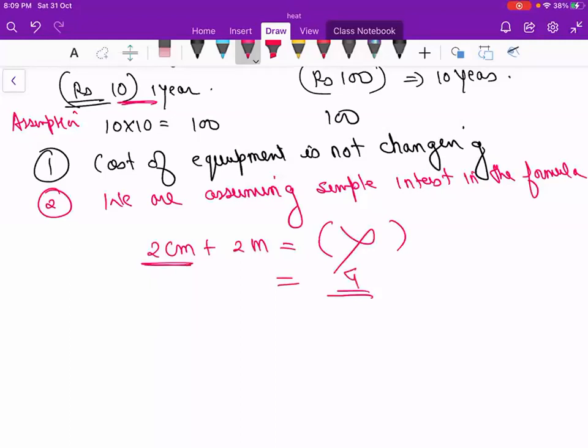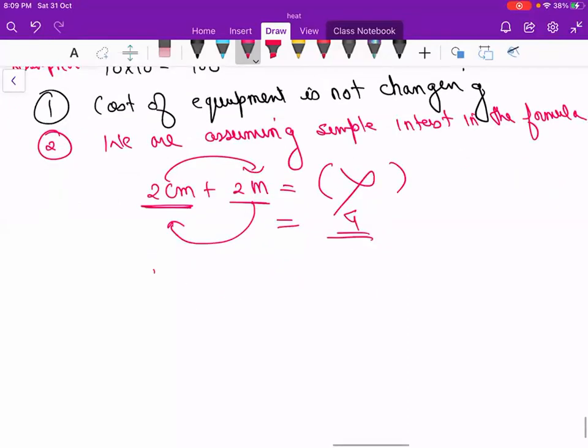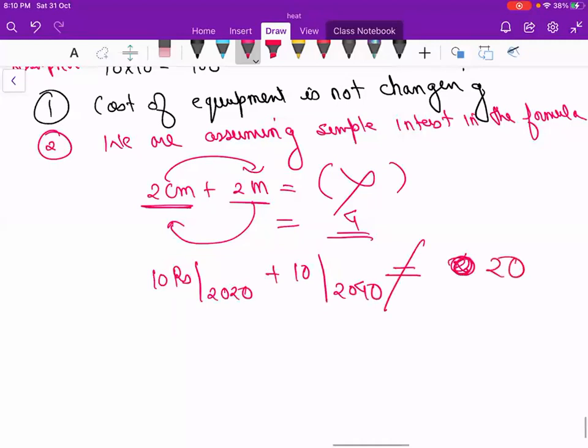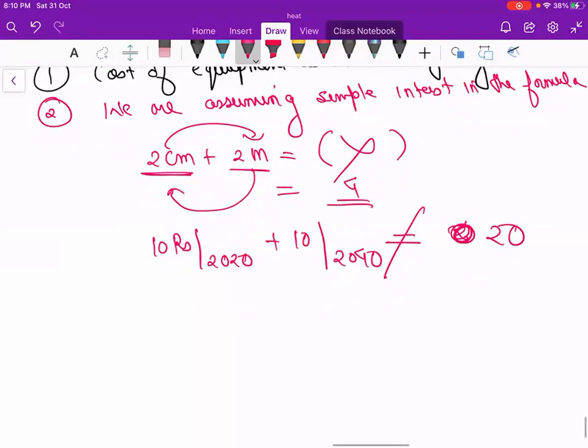Either we have to convert this into meters, or meters into centimeters. Same way, 10 rupees at 2020 plus 10 rupees at 2040, the answer is not 20. They should be at the same time period.